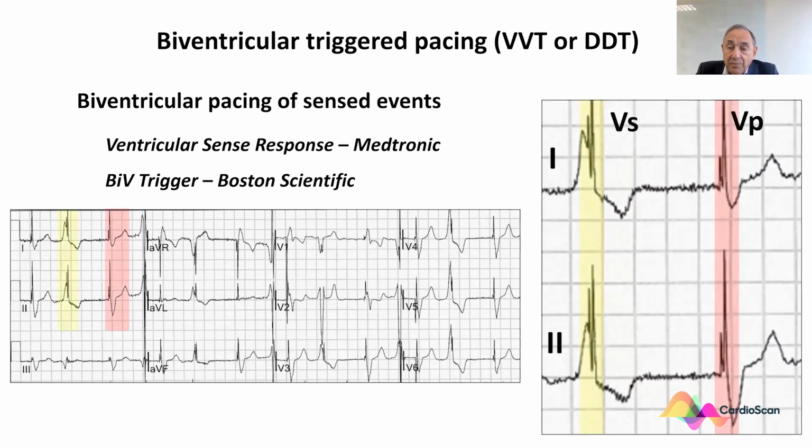So let us highlight them, and we can see leads 1 and 2. We now have, with the red highlight, a fully paced beat, and it has two stimulus artifacts, the left and the right. However, the yellow highlight shows a ventricular ectopic, and there are also stimulus artifacts within this, so that you can see two of them, the left and the right, but they occur well into the QRS.